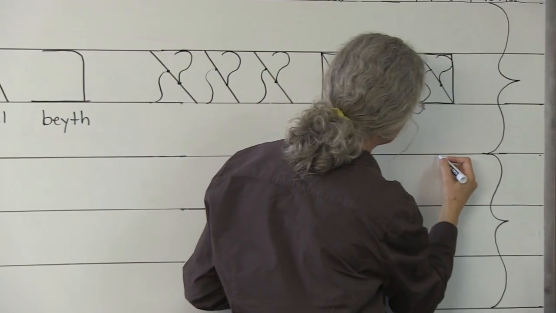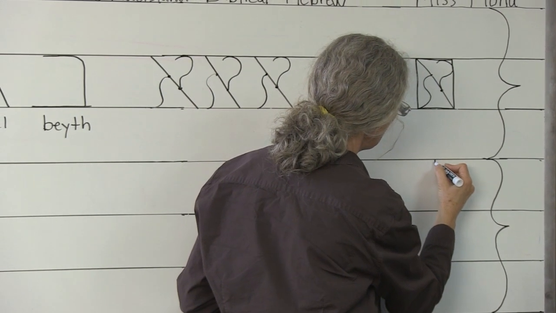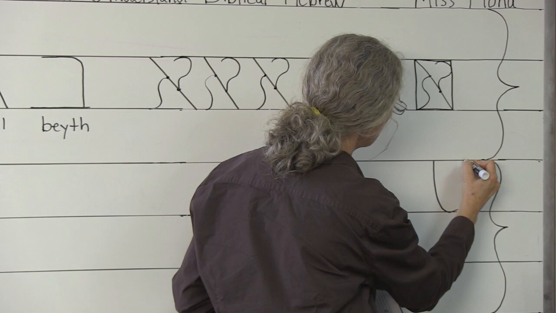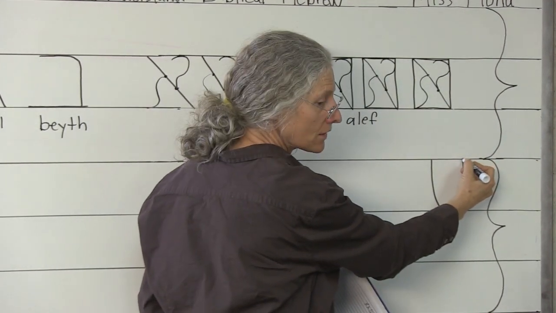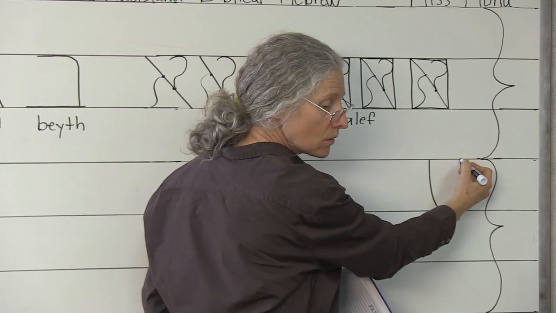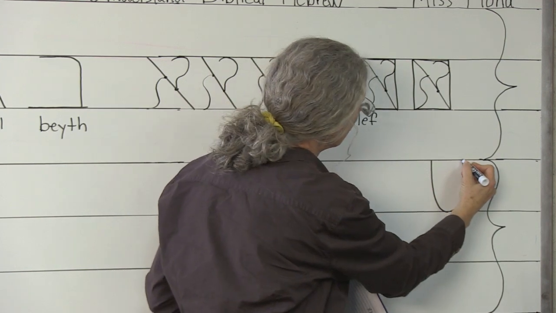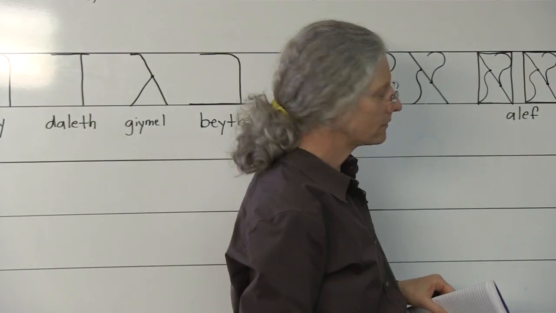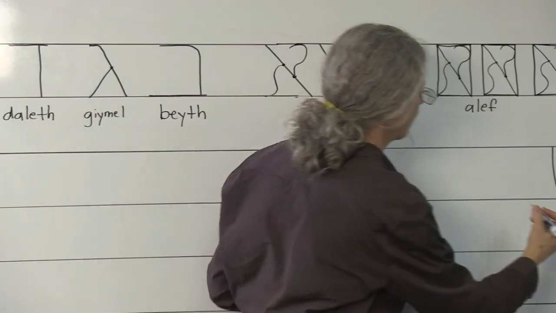So next comes the Tate. Tate is a big upside, it's a big U. Big U. Okay, so do that first. A big U. And then you have a little tail coming in here. Little tail coming down. That's it. Tate.